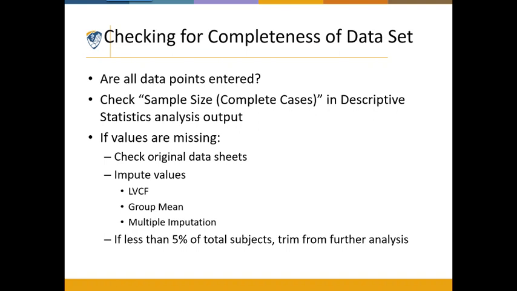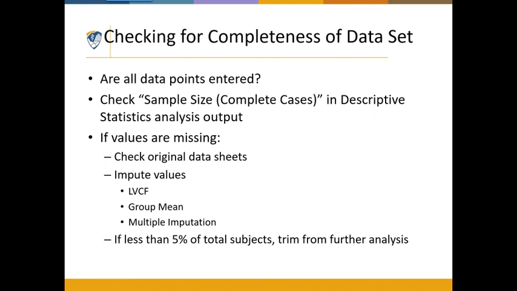So again, there's pros and cons. Trimming, just eliminating someone from the analysis because they don't have data, is also easy to do, and you generally cannot go wrong doing that unless there are a lot of individuals that have missing data. Another element to this is trying to determine if the data is missing at random or not at random. An example might be a particular question in a questionnaire that participants just don't want to answer for some reason, whether it's sensitive information or the question isn't clear, so they're not sure how to answer it, so they just don't answer it.